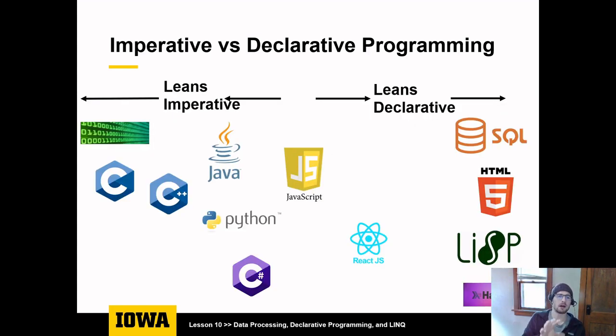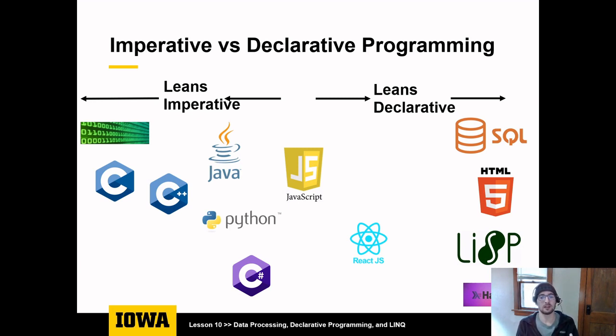One more slide here about it, though, is programming languages kind of fall on a spectrum between being imperative and declarative. And on the declarative end, you have languages such as SQL. If you've written SQL, you don't tell the database how to get the information you want.